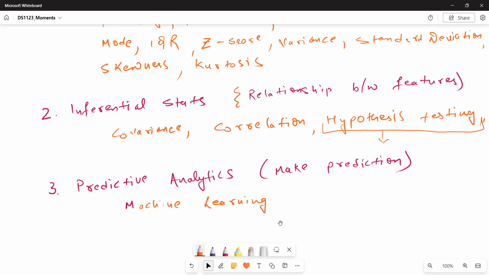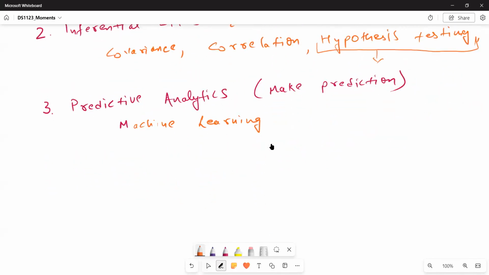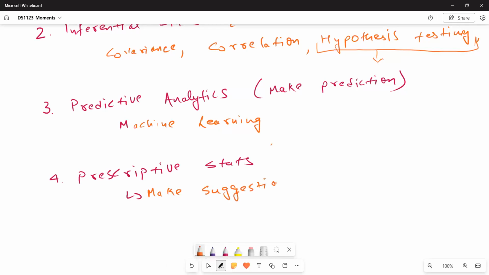All right. And moving on with the final part, we have the fourth part, which is prescriptive statistics. Based on all the above three statistics with which you have analyzed your data, you can prescribe, or make suggestions that will help in making business decisions, right?